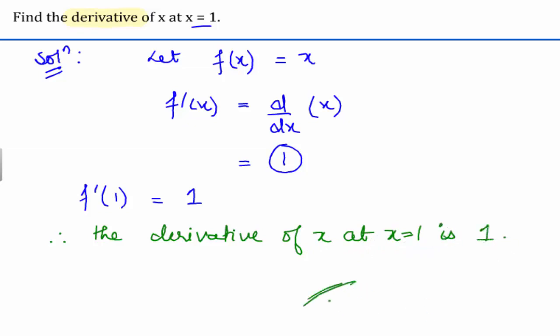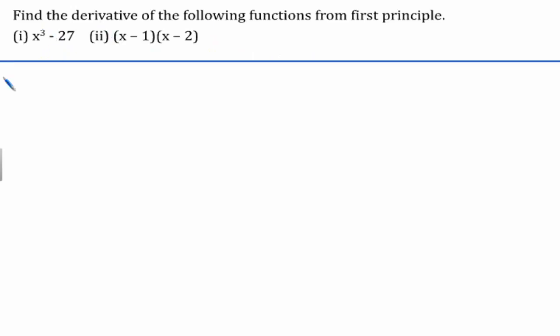In this question, we have to find the derivative of the following functions from the first principle. Let's begin with the solution. Now first let us find the derivative of x cube minus 27. Let the given function be defined as f(x).